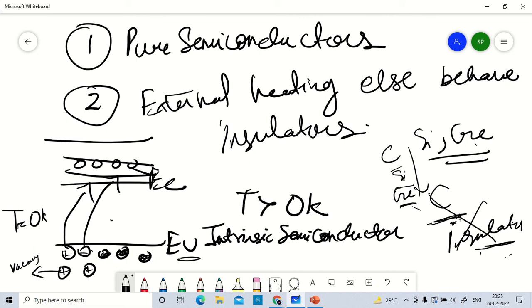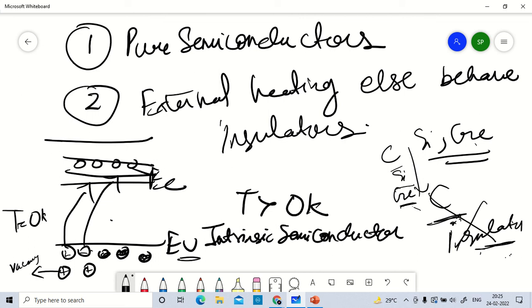So the silicon or germanium atom size and the dopant atom size should be nearly the same. Since both silicon and germanium are tetravalent, we take pentavalent and trivalent elements so as to not change anything.